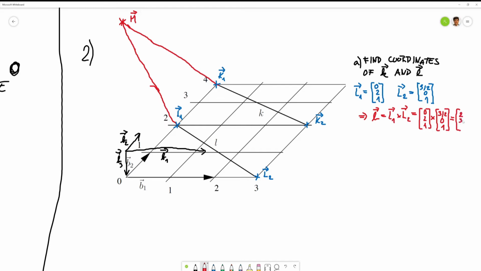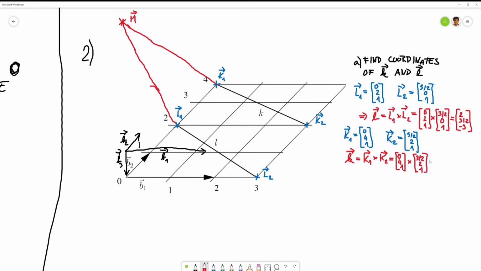For K, we can write K1 as (0, 4, 1) and K2 as, for example, (3/2, 2, 1), and then the line K would be the cross product of K1 and K2, which is the cross product of (0, 4, 1) and (3/2, 2, 1), and that's it: (2, 3/2, -6).